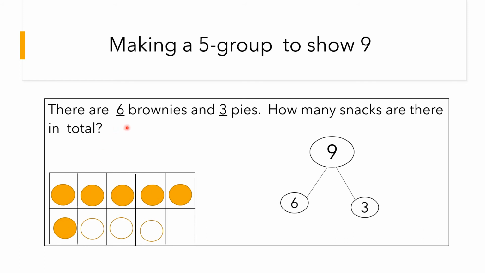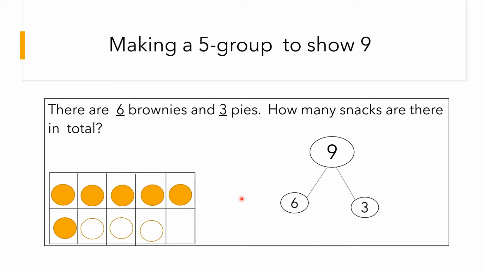Next, we wanted to find our other part. Our other part was the number 3. There were 3 pies. So we're going to put 3 circles in our 5 group.